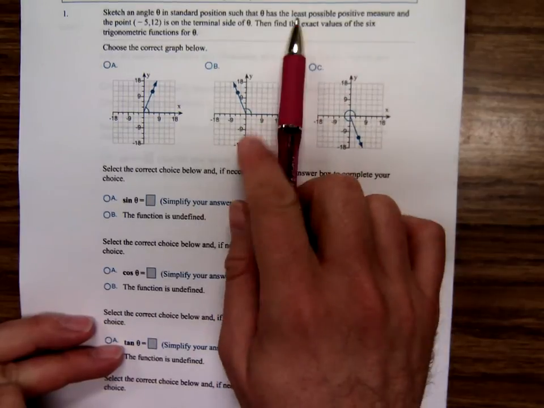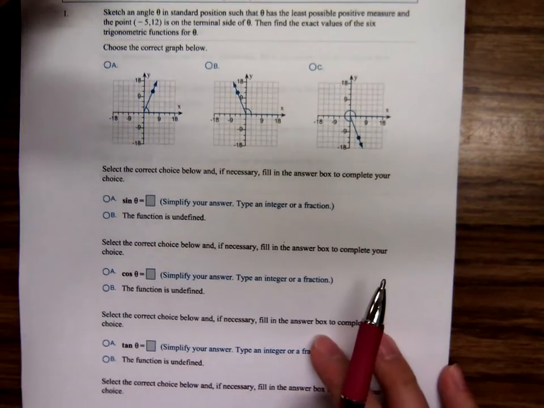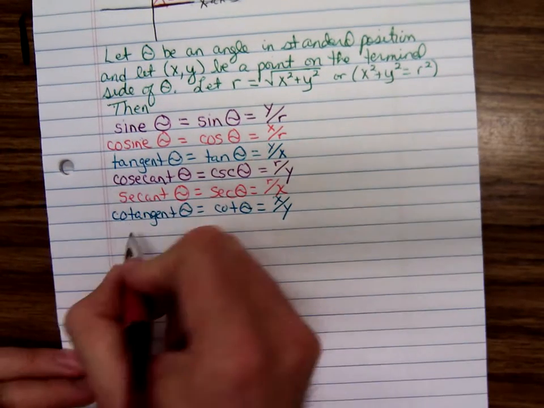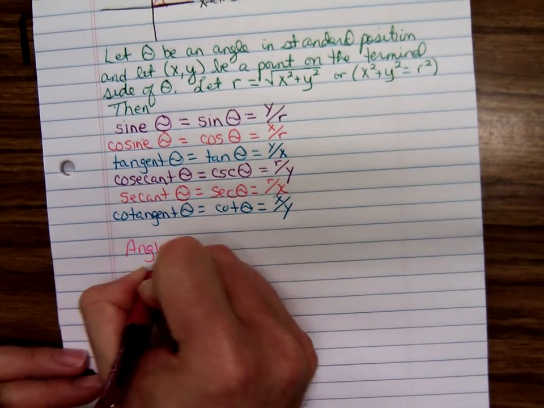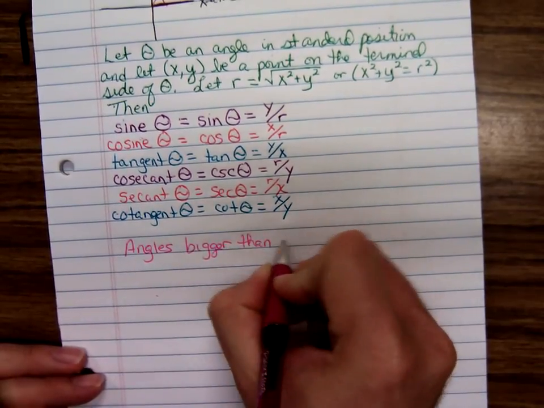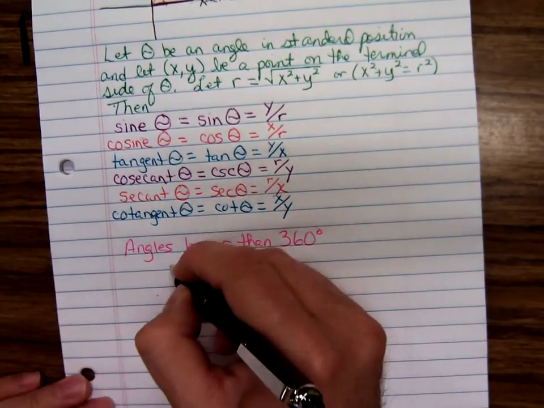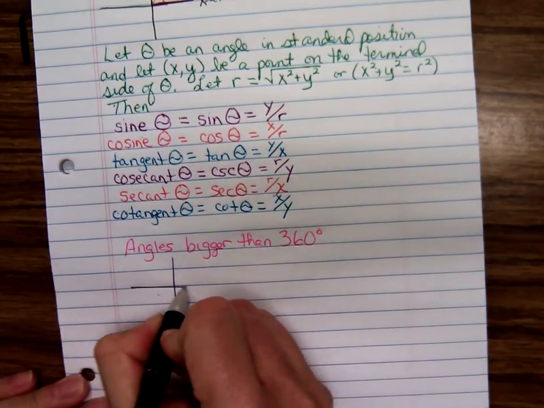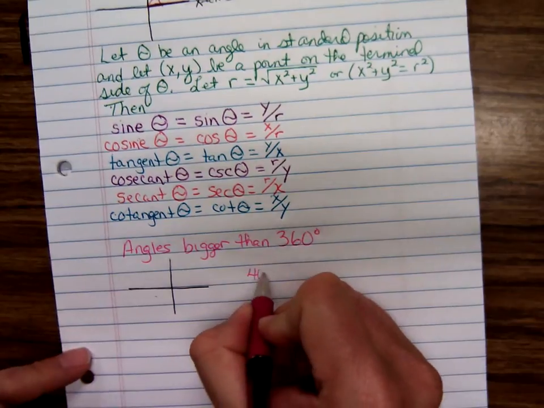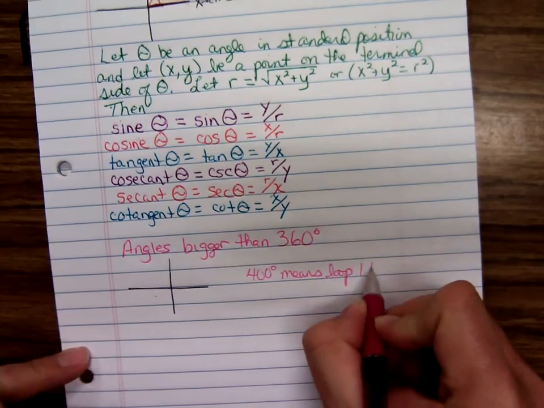Now, why would they mention the least possible positive measure? Let's discuss that. It's possible to have angles bigger than 360 degrees. If you have an angle bigger than 360 degrees, then you can just think of it as a sort of looping. Like an angle of 400 degrees means loop one time.